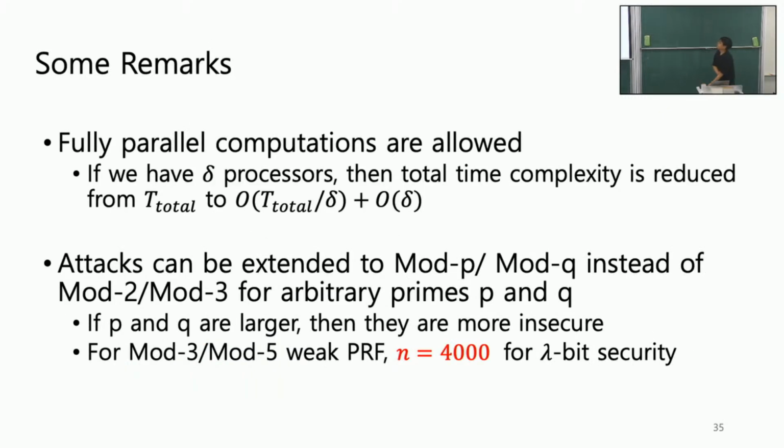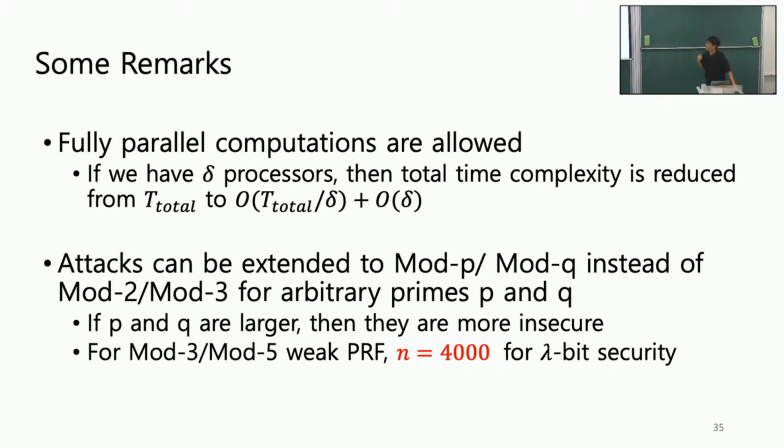Now I introduce some remarks on our attacks. Since our attack only requires conditional probabilities, fully parallel computation is allowed, which means that when you have delta processors, the total time complexity can be reduced from T_total to this one.